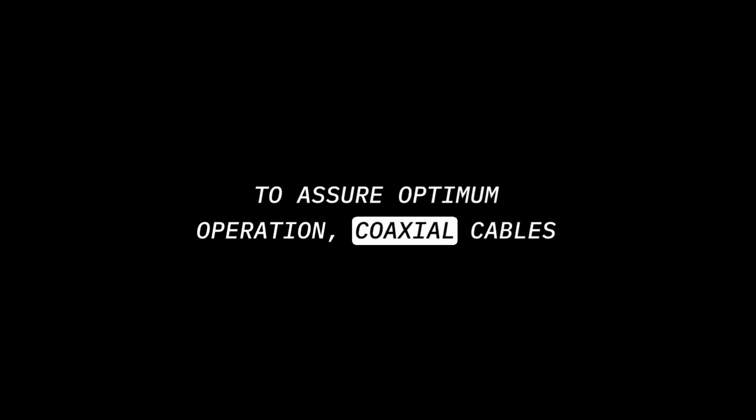When installing coaxial cables, secure them firmly along their entire length at intervals of approximately 2 feet. To assure optimum operation, coaxial cables should not be routed or tied to other wire bundles and should be as short as possible. When bending coaxial cable, be sure that the bend is at least 10 times the size of the cable diameter.